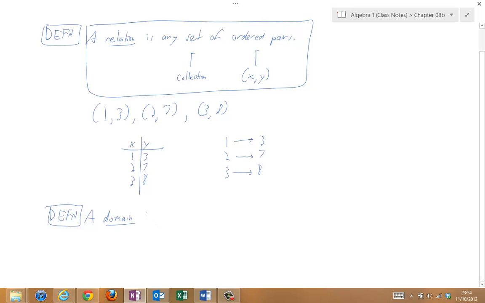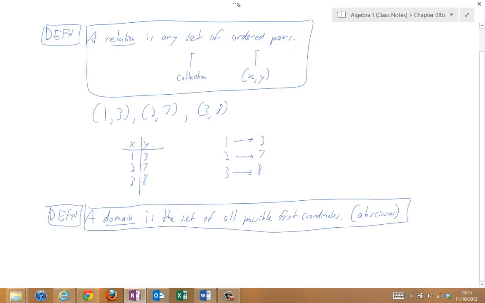A domain is the set of all possible first coordinates. It actually has an old-fashioned word associated with it. It's called abscissa. A domain value could be called an abscissa. So I can actually say abscissas, plural.